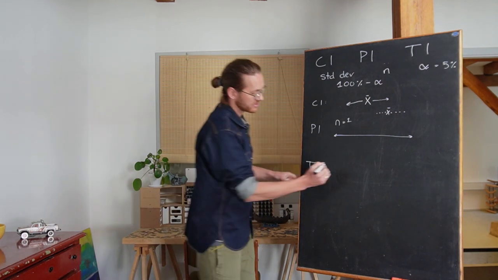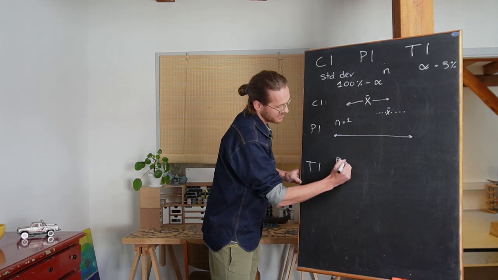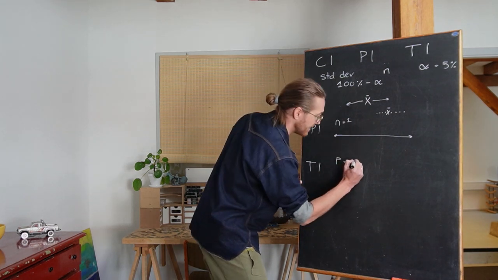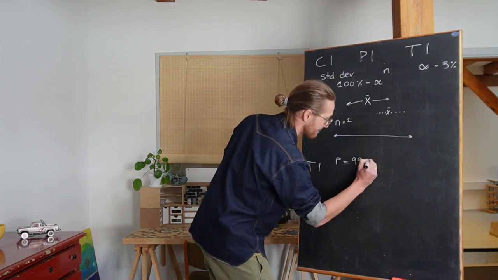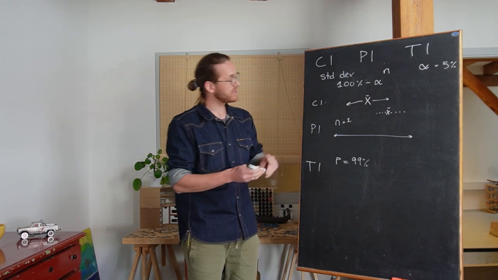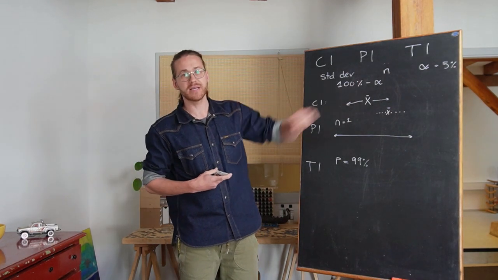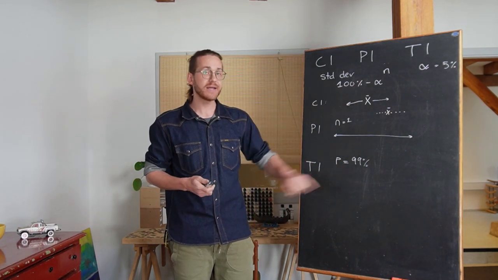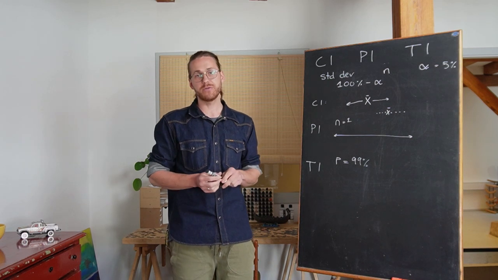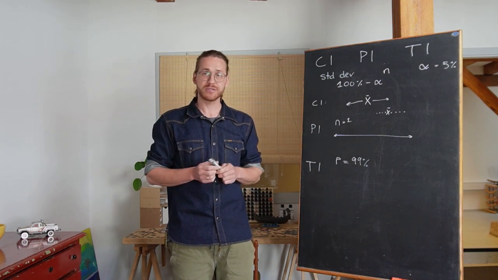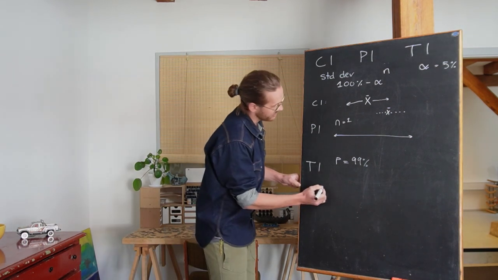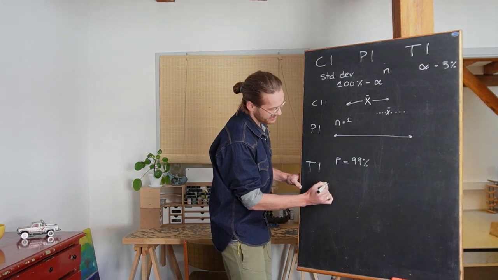So you set some kind of p, let's say 99, and you say, I want to be 100% minus alpha confident that 99% of my future production is going to be within this range.